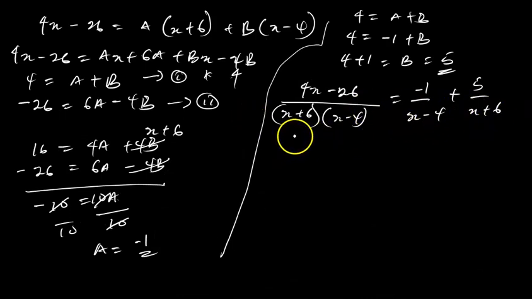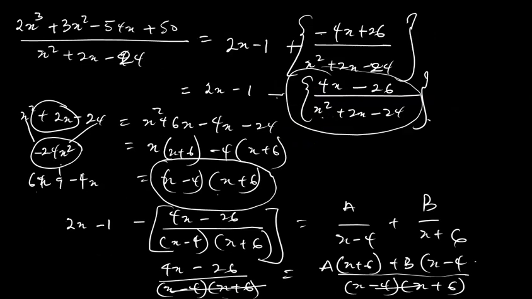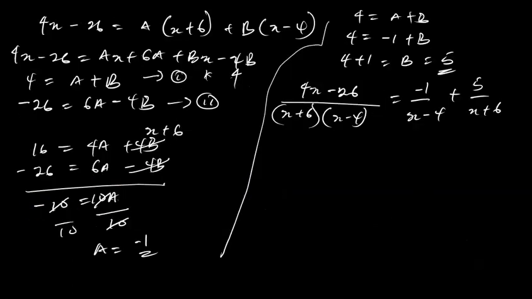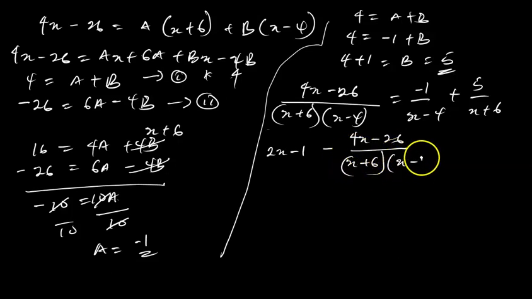Now, so that if I have this, let's put it back into the mother equation. Remember, our mother equation came from here. This is the mother equation. So we'll put our values back into this equation. That's 2x minus 1 minus 4x minus 26 over x plus 6 into x minus 4.